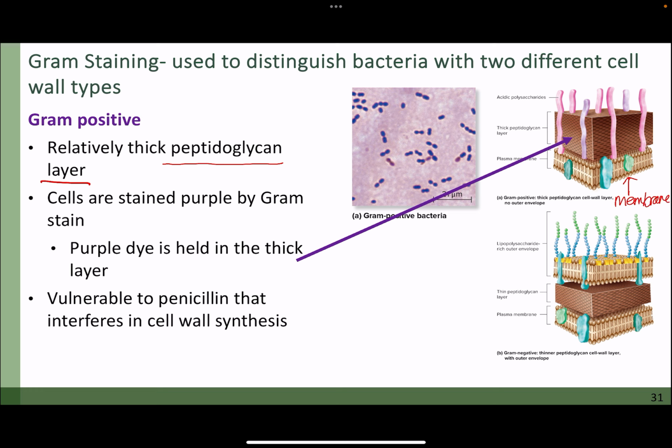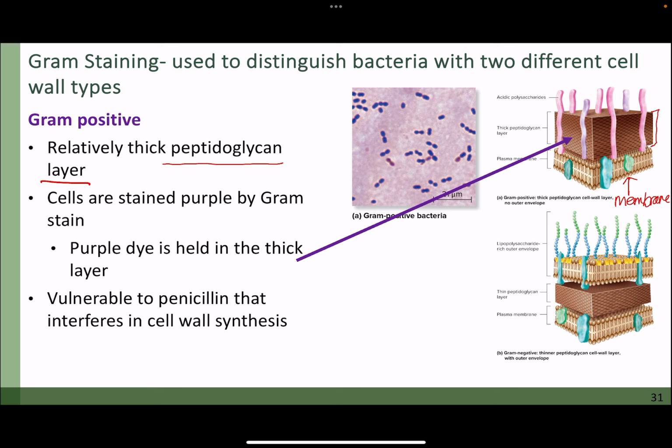And then we've got this really thick cell wall structure. You can see this is kind of like an interwoven mat. It's a really, really thick layer of these peptidoglycan molecules. And you'll notice that it's on the outside of the plasma membrane. So that's an important characteristic of these gram-positive bacteria.